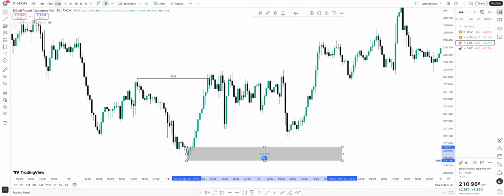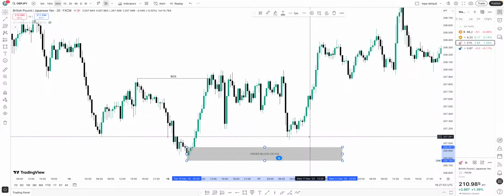This is the order block, or point of interest. Do you understand?